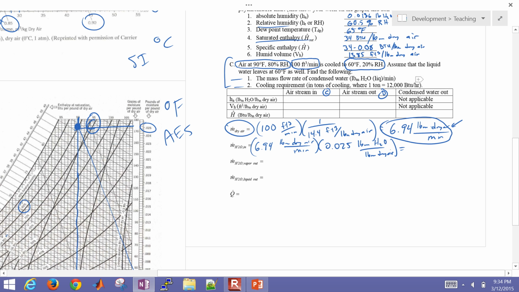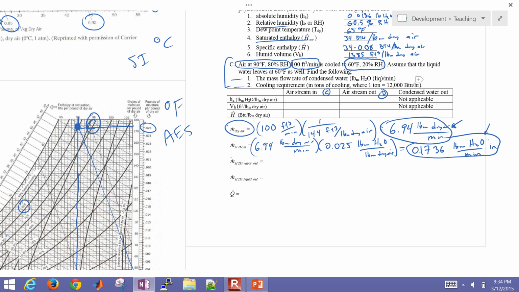That gives me how much water is coming in, 0.1736 pound mass water per minute. So we have a lot more dry air coming in, the N2 and the O2, and how much water is coming in is about 0.17.